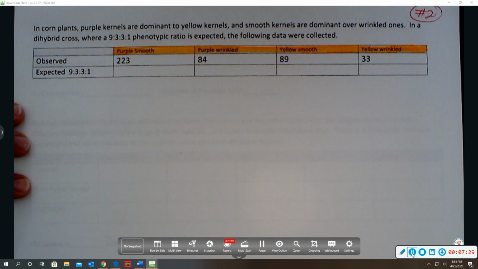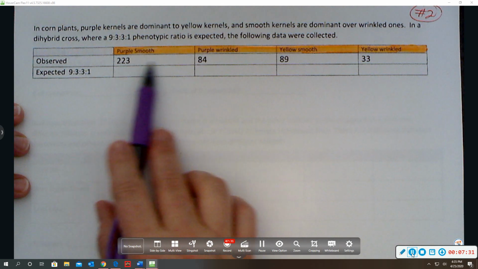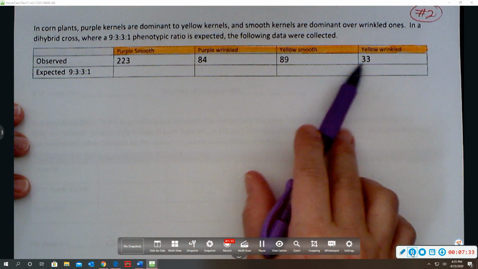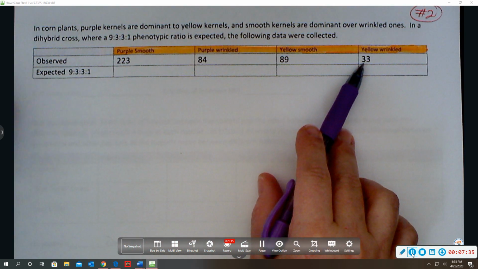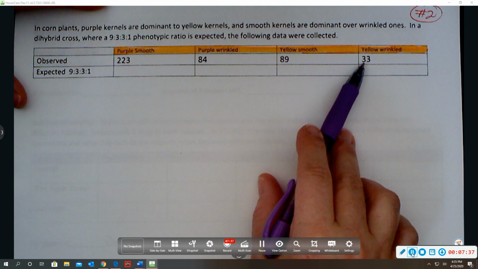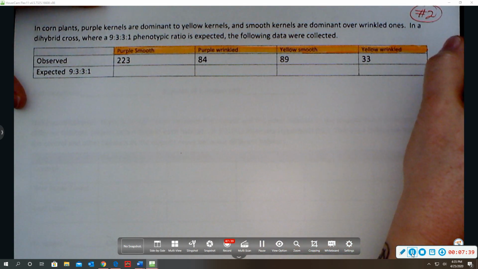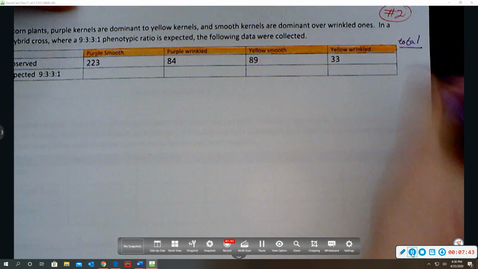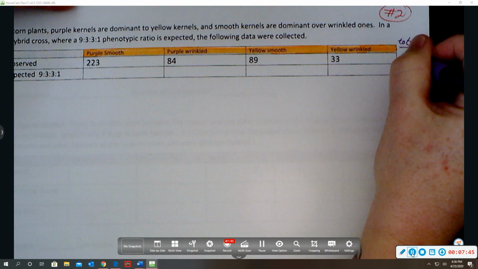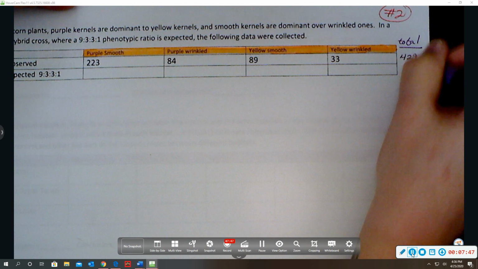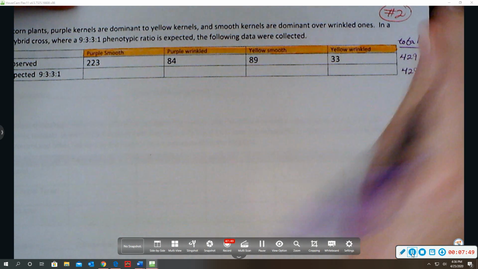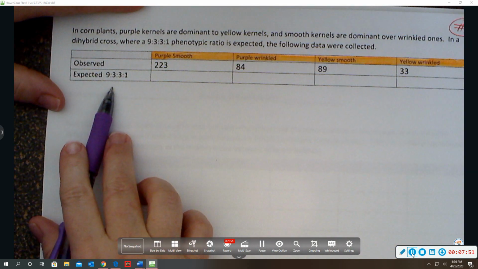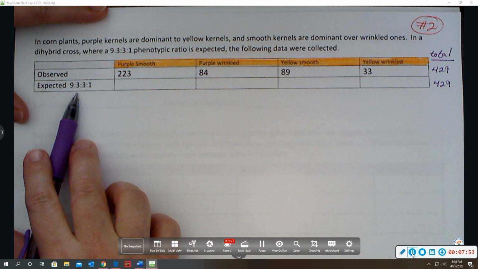Well, at least my sheet here has our observed values already written in, so that saves me a step there. Let's go ahead and write the totals at the end. So if I add all those numbers up, it will be 429. All right, so for my expected values, it already tells me I expect a 9:3:3:1 ratio.